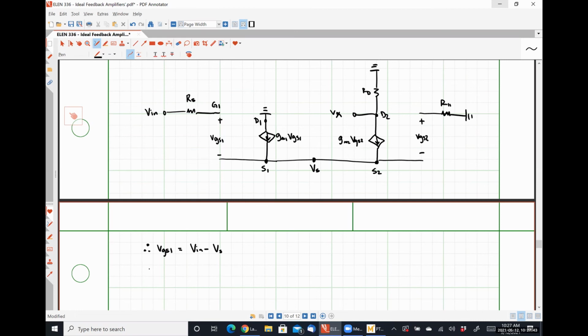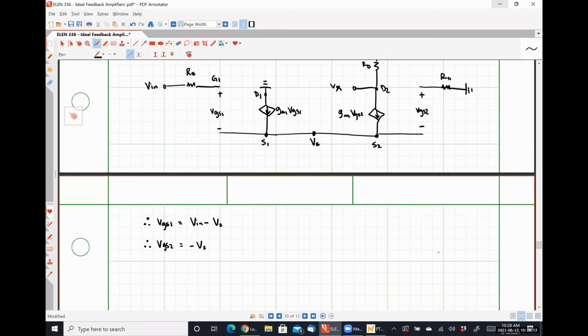The second observation that I can make is that my voltage VGS2 is just negative Vs. Right? I know that no current can flow through my resistor R11, so the positive polarity terminal of VGS2 is at ground, whereas the negative polarity terminal of Vs is at ground, so these are just identical voltages, but with opposite polarities.